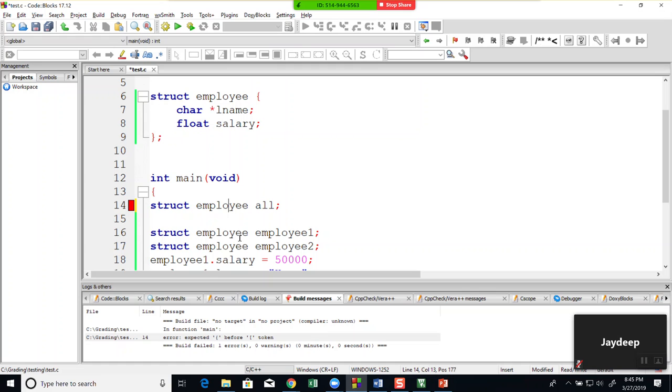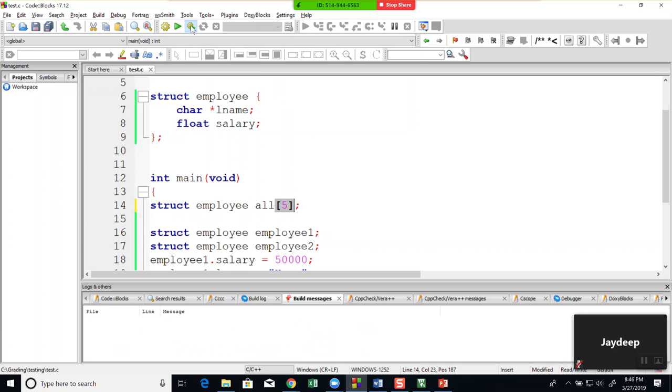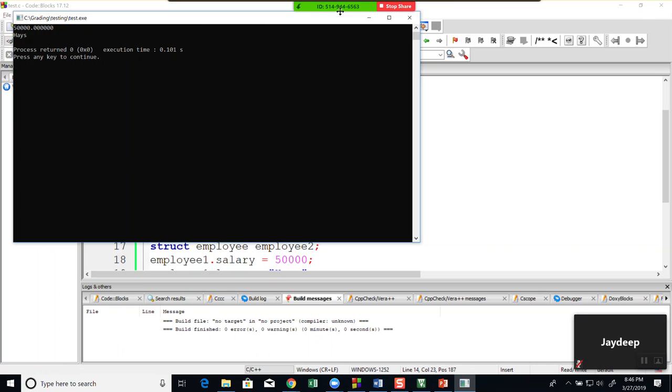Of course, I didn't put the size, did I? Let's try that. Obviously not there. Not there. Maybe you even have to do it different for structures. There it goes.